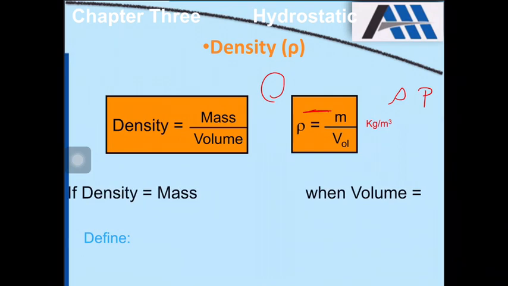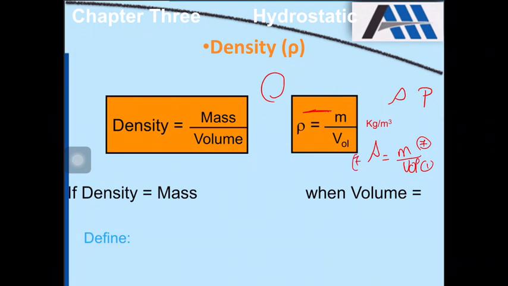The definition: the density equals the mass when the volume equals 1. Let us take an example. If we substitute in this rule, rho equals M over V, the mass equals 7, for example, and the volume equals 1.